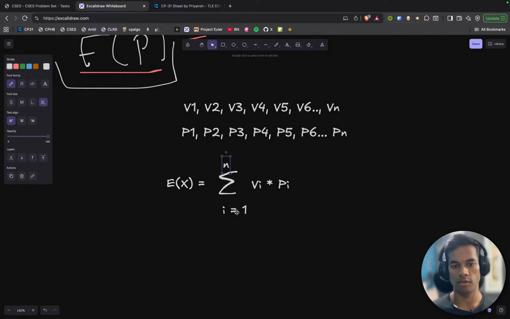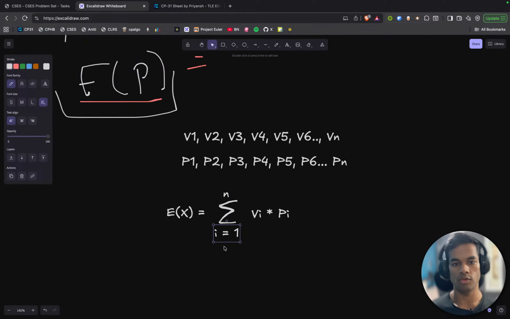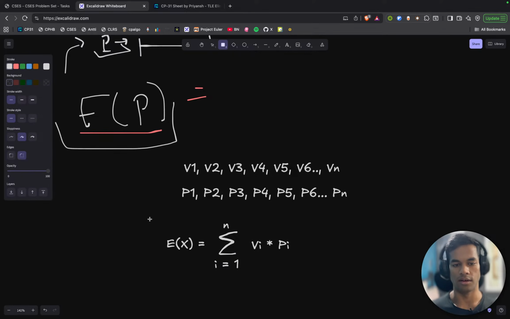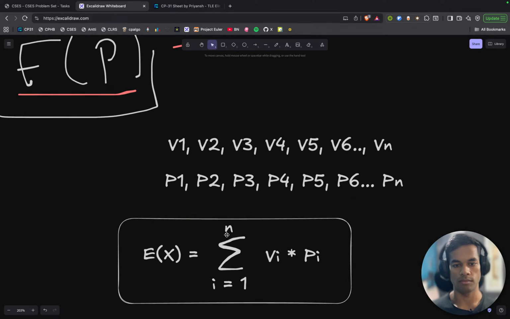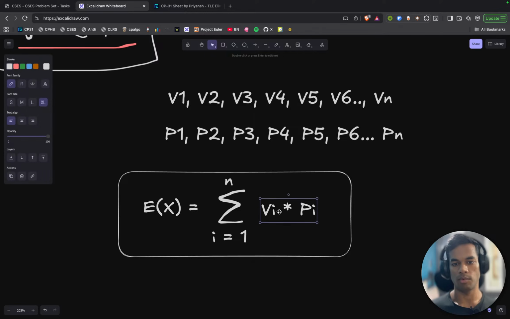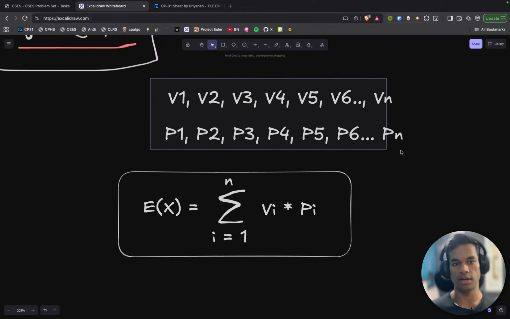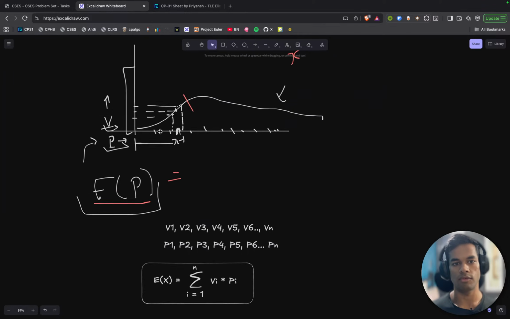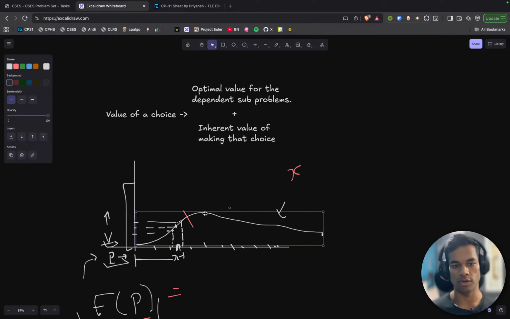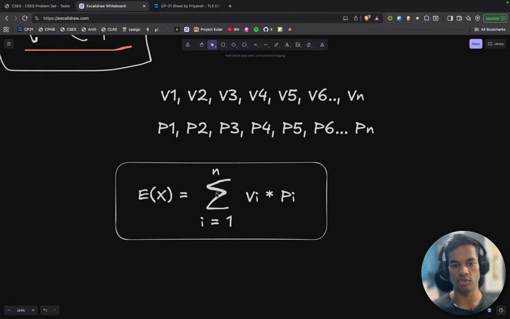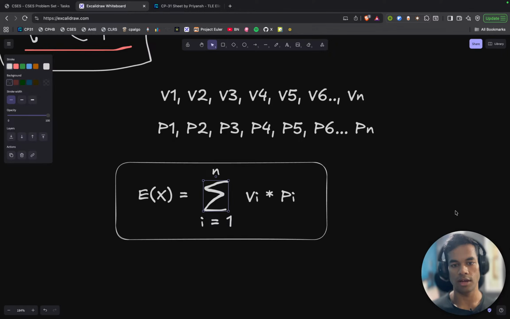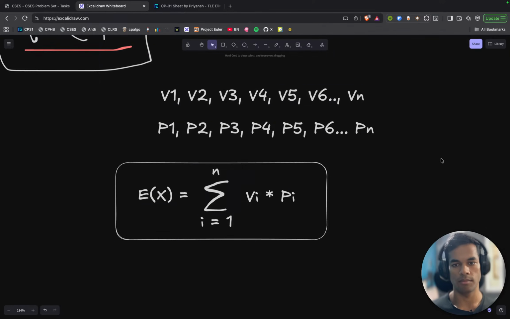This is the general formula for finding the expected value of a probability distribution. And if the probability is non-discrete, that is, if it is a continuous function like this, then you just change this summation with the integration sign and you get the same thing.